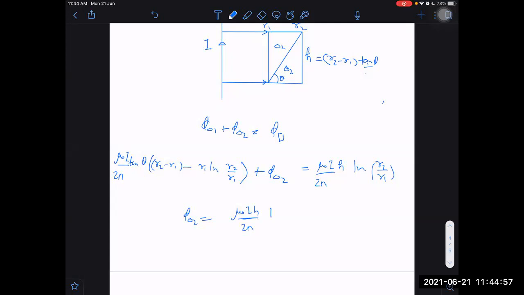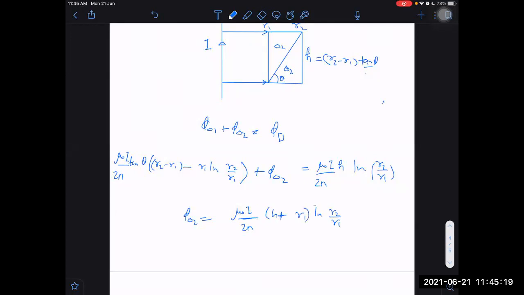Not mu naught I by 2 pi, sir, not h. Mu naught I by 2 pi, into (h plus r1) into ln r2 by r1. H plus r1 is whole in brackets like this.